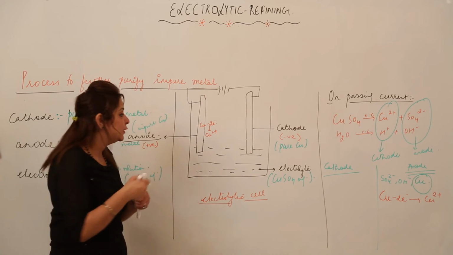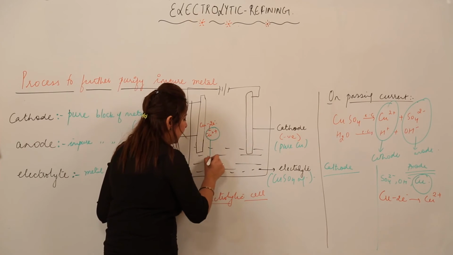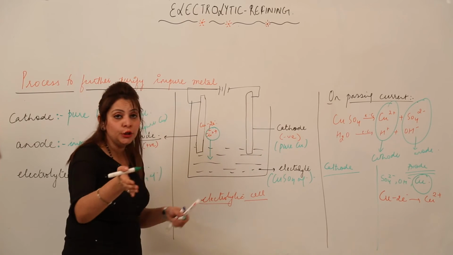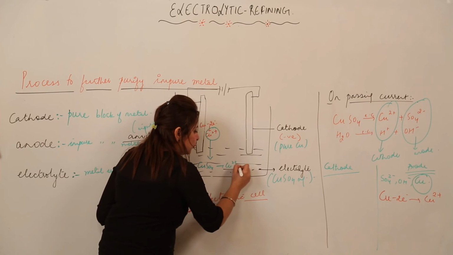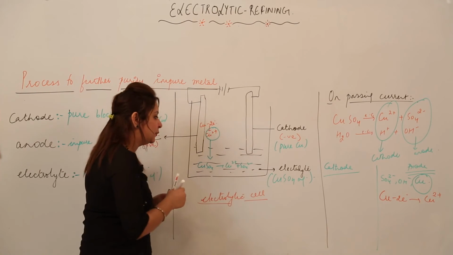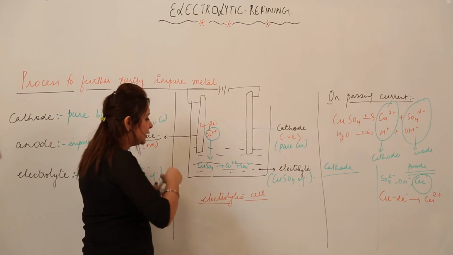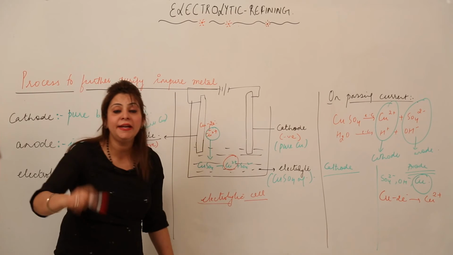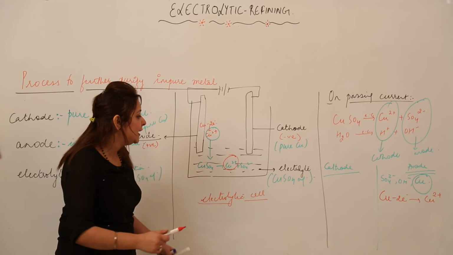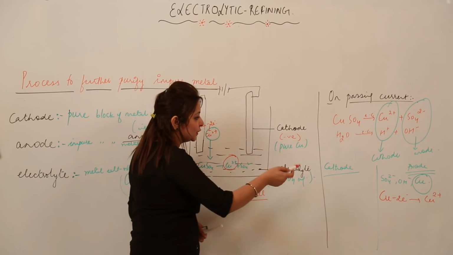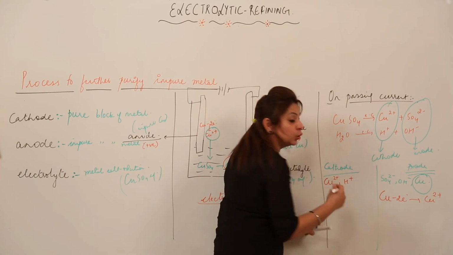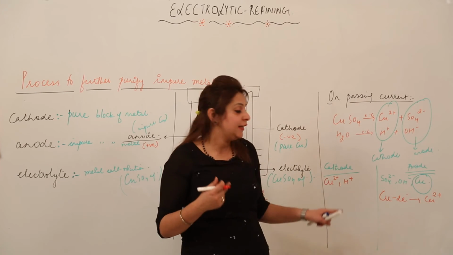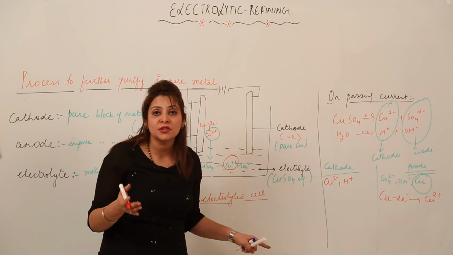And where do these Cu2+ ions go? They go into the solution, and the solution already has Cu2+ and sulfate ions. So the concentration of these Cu2+ ions is going to increase in the solution. And then, as you know, at the cathode Cu2+ and hydrogen ions go, and out of them the Cu2+ ion has a lower discharge potential.